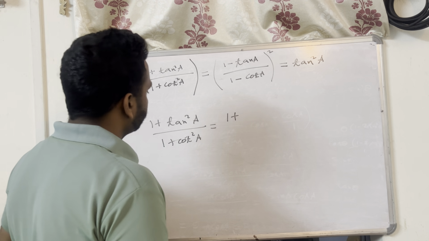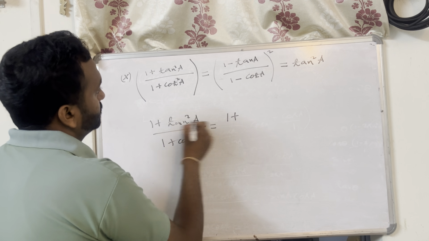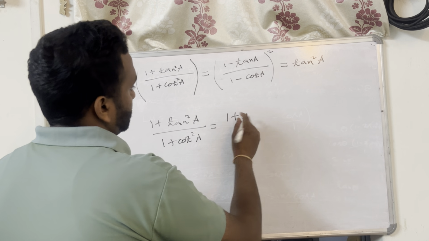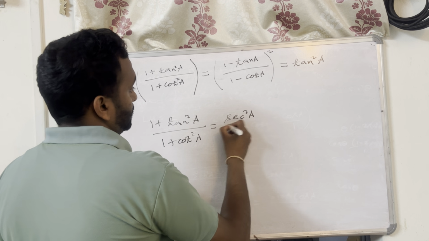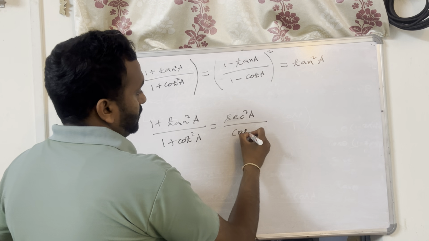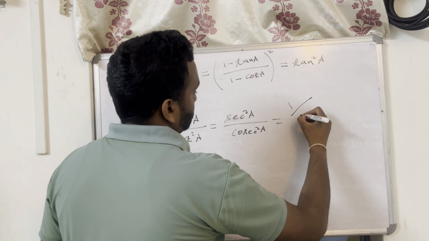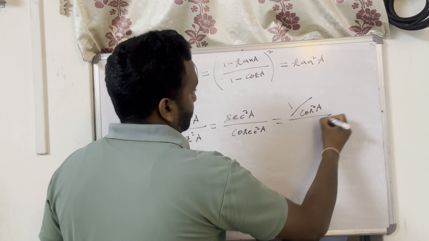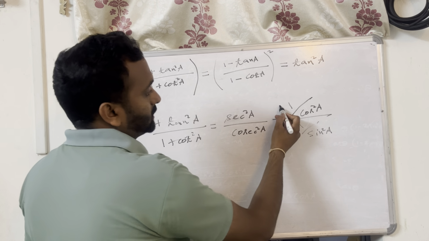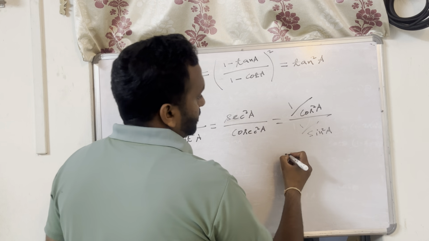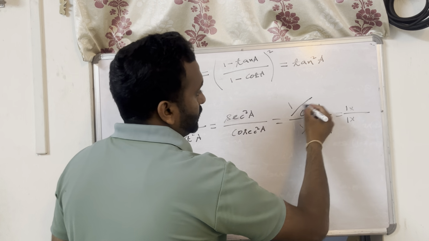So we know 1 plus tan square A is nothing but sec square A, and 1 plus cot square A is nothing but cosec square A, and sec square A is nothing but the reciprocal of cos square A, and cosec square A is nothing but the reciprocal of sin square A. Okay, this is P, this is Q, this is P, this is Q. We know that the P remains in its place, so 1 and 1 remain in their place. Okay, Q of the numerator goes down.